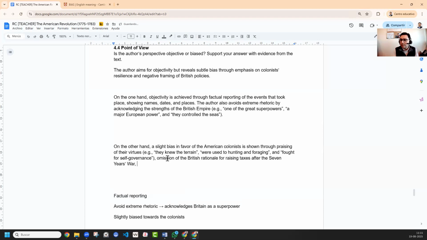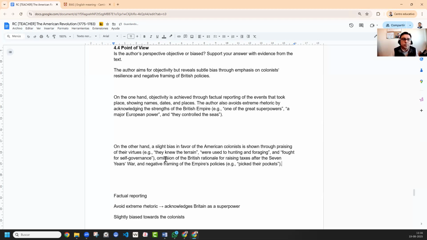No examples there, of course, because it's an omission, and negative framing of the British. But I don't want to use British again, so I will use the empire's policies. For example, picked their pockets.